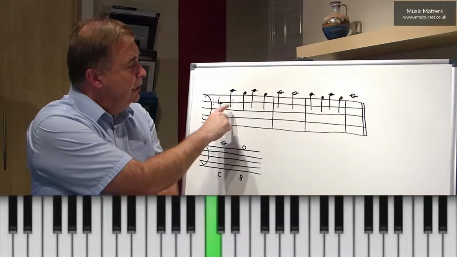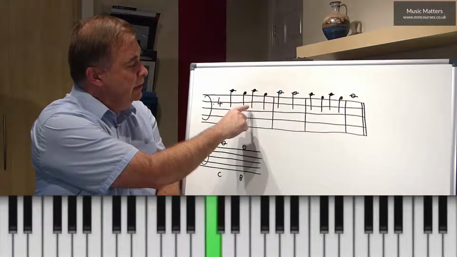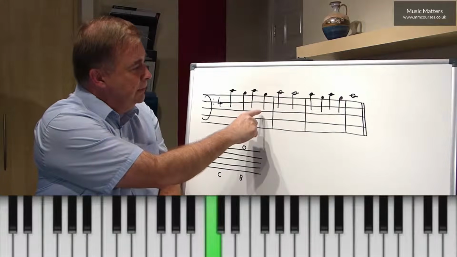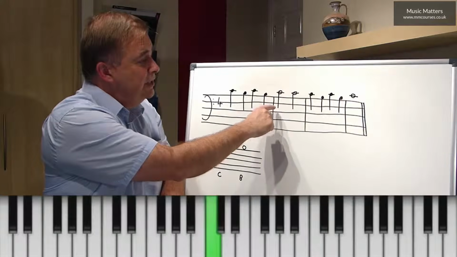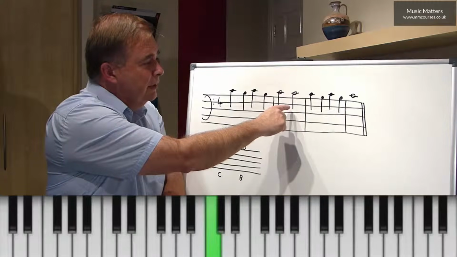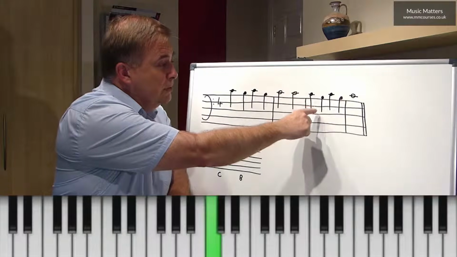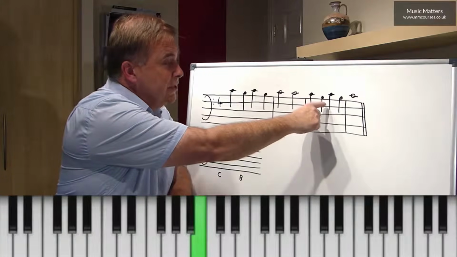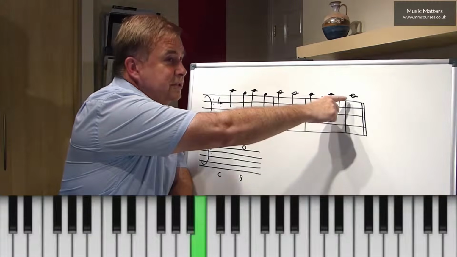There's C. We're going down one to B, back up to C, down one to B, back up to C, then we're going to play C again, then we're going to play C again, down one to B, back up to C, down one to B, back up to C again.